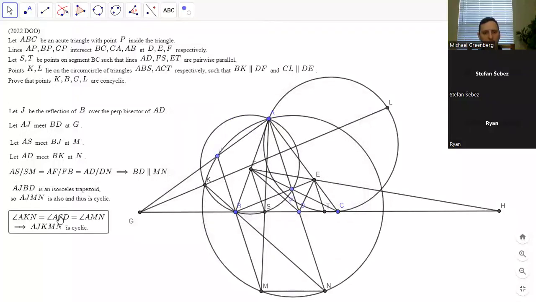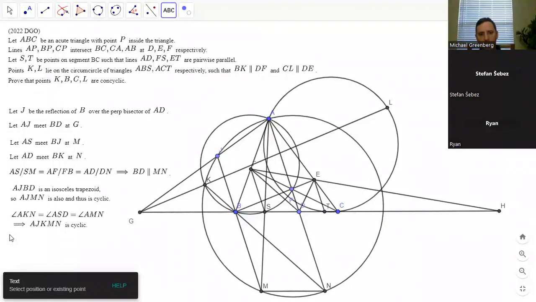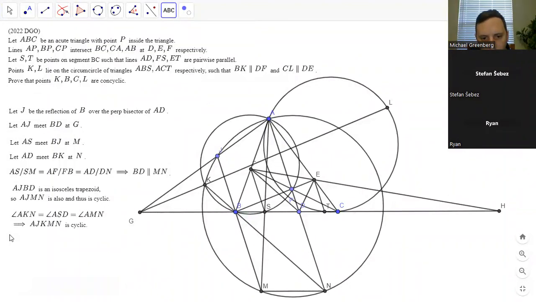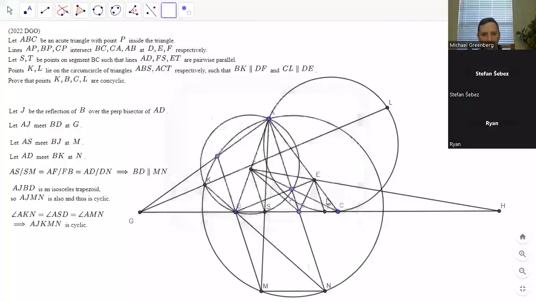And then from there, angle JKB is JKN, which is JMN, which is JBD.